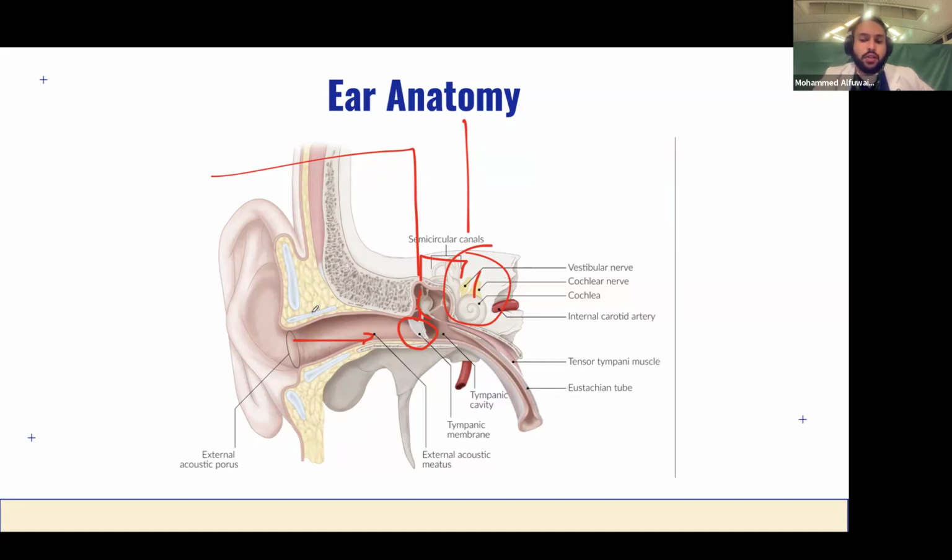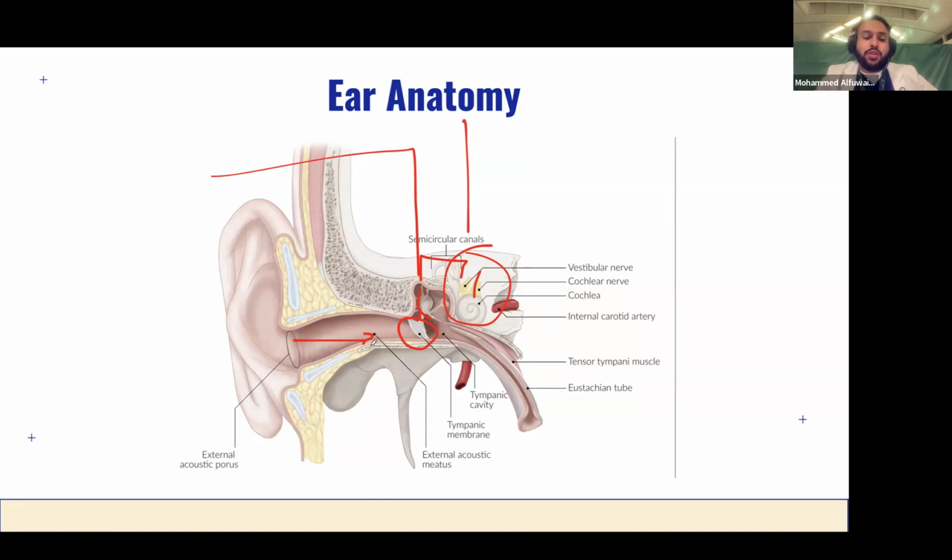It is the main function of the external and middle ear. First, the external ear collects all the sounds, conducts it to the middle ear, conducts it to the internal ear. So if you have anything affecting the conduction system of the ear, which are these two, this is conductive hearing loss. If it affects the cochlea or the nerve, sensory neural.